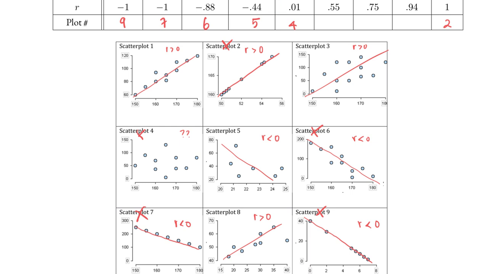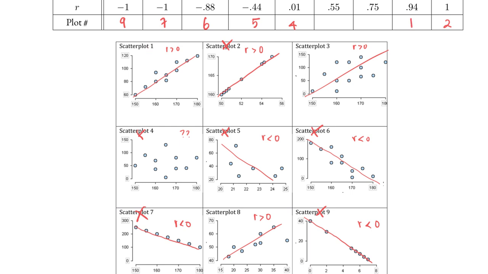There are 3 more correlation coefficients left from the table, with one being very strong, 0.94. And we still have 3 scatter plots left, 3, 8, and 1. The strongest one out of scatterplot 1, 3, and 8 is scatterplot 1.